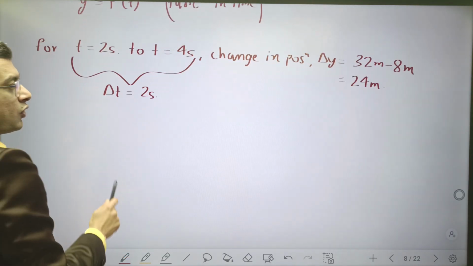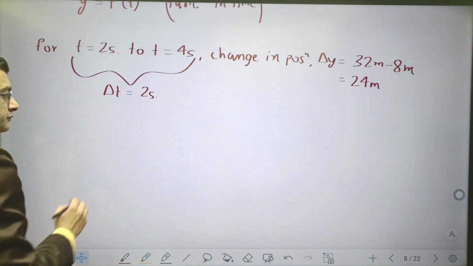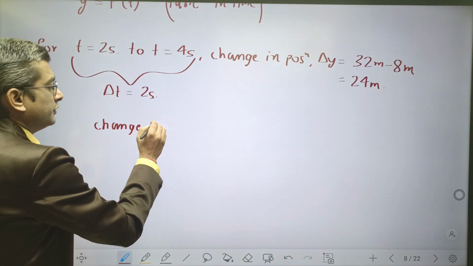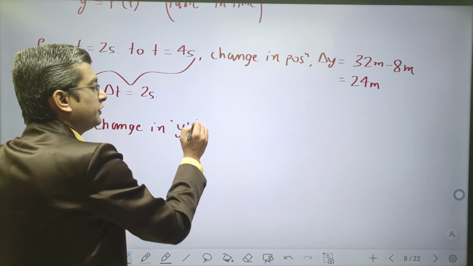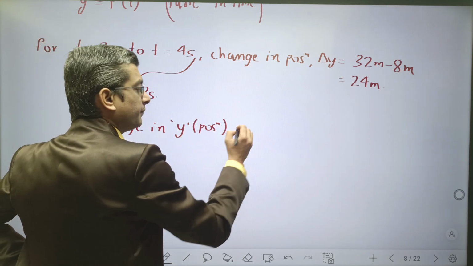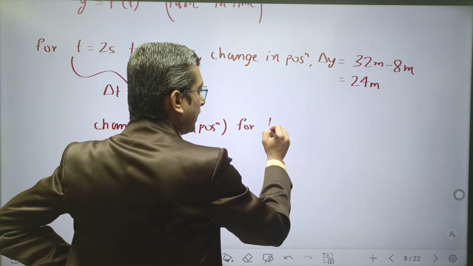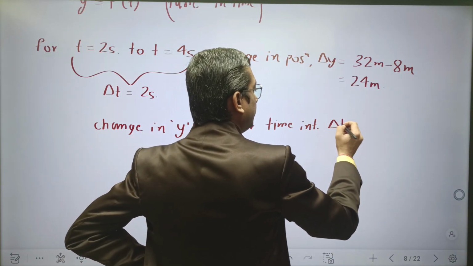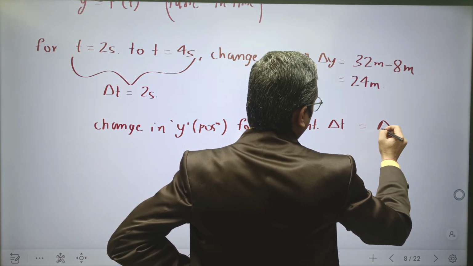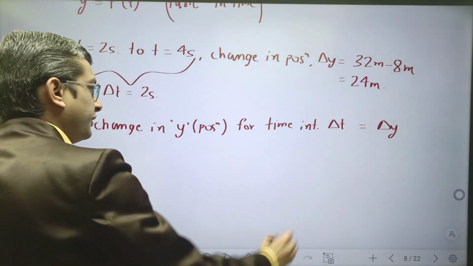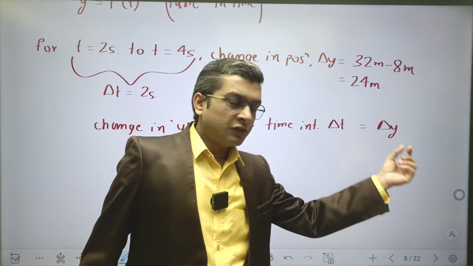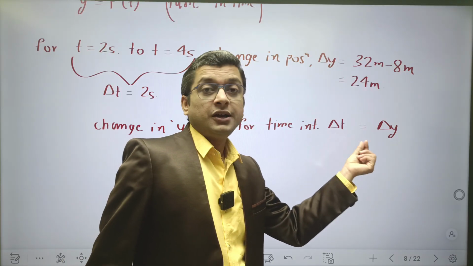Observe carefully that the change in y, that is change in position, for time interval delta t is represented by delta y. So delta y is the change in position corresponding to time interval delta t.